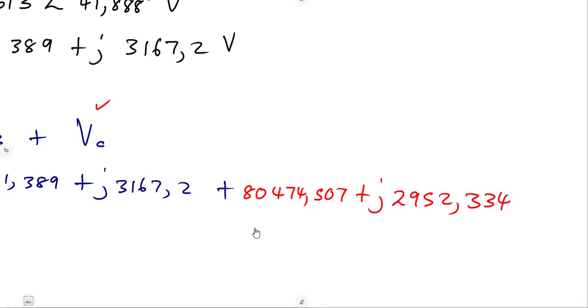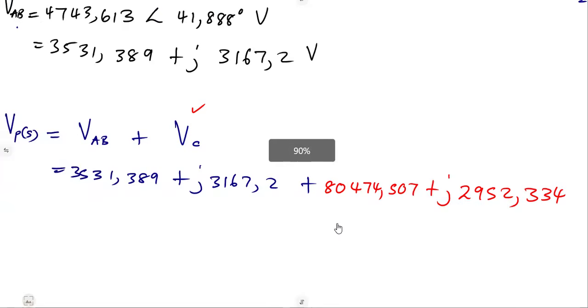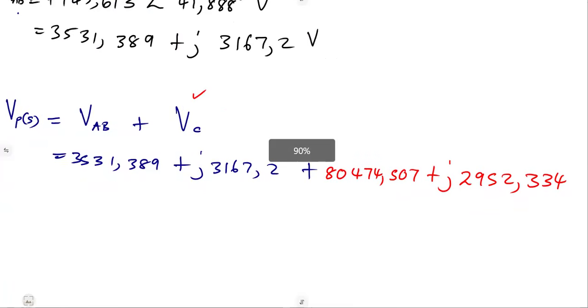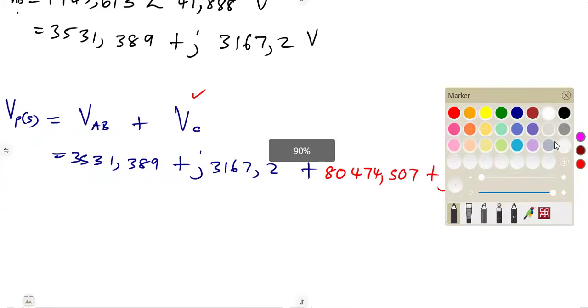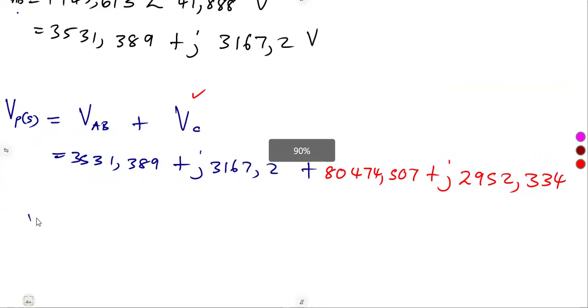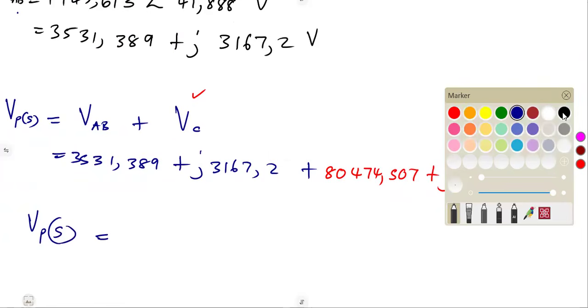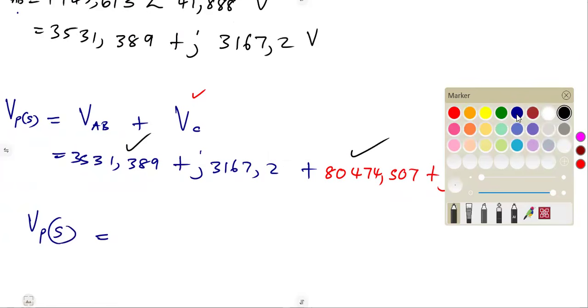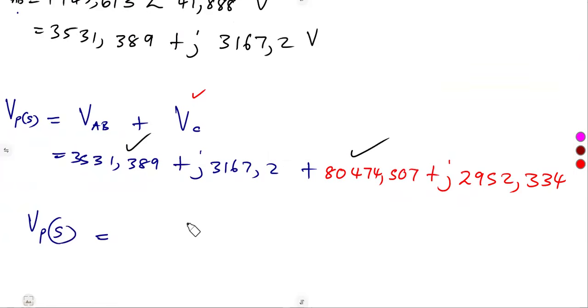So let us combine and have the sending end voltage, which is the phase value that we are dealing with on the sending end. So adding these together, we were going to obtain a sum of 84,005,896.